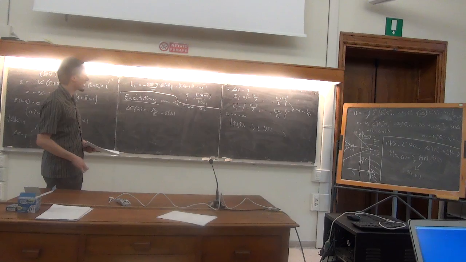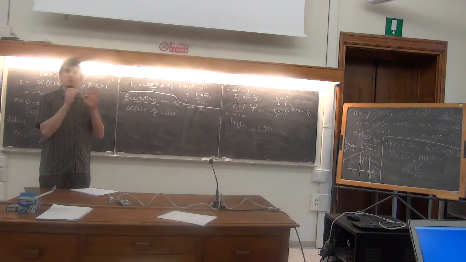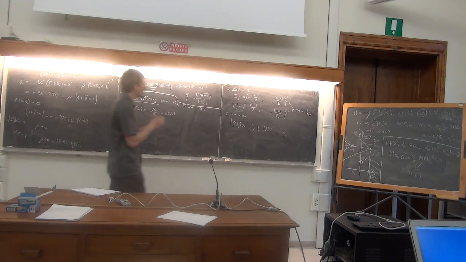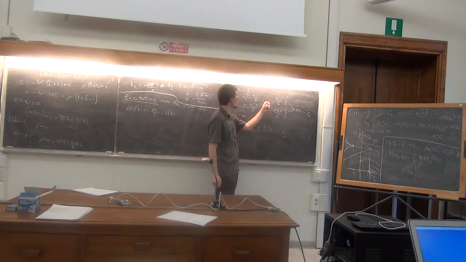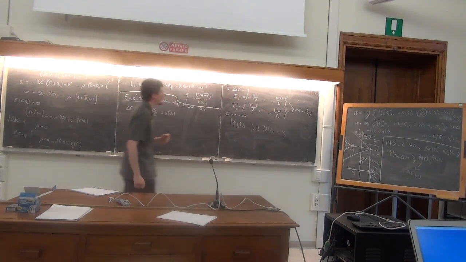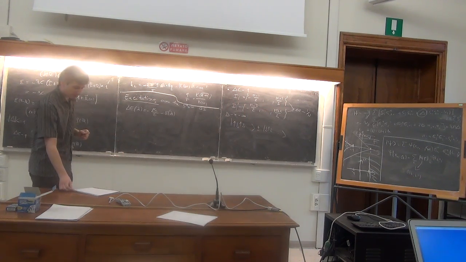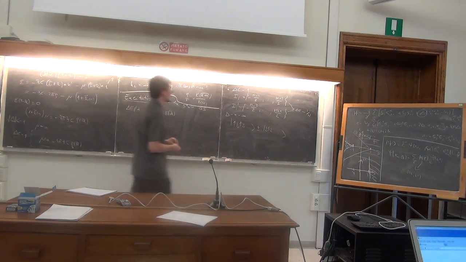Let's look at one-hole excitations. It turns out that if I take away one particle, which means I create a hole, naively you would say that you create a hole in this set of quantum numbers, but I will discuss this hopefully shortly.